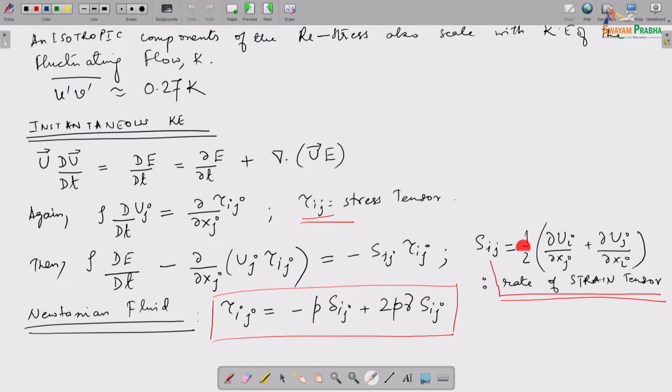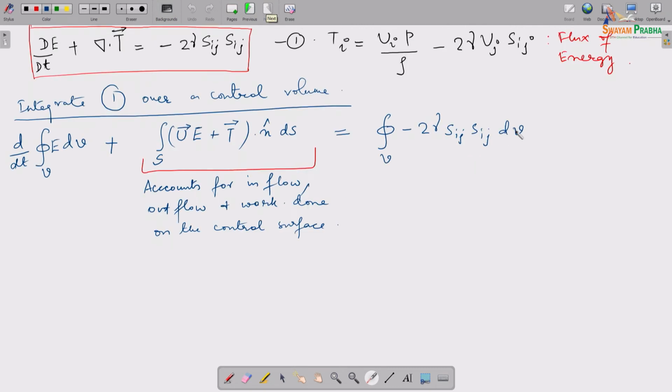So if you look at this, it is always going to be positive. And if this is positive, and the viscosity of course is positive, then this integral therefore becomes always negative.